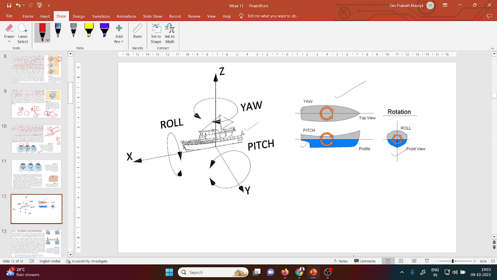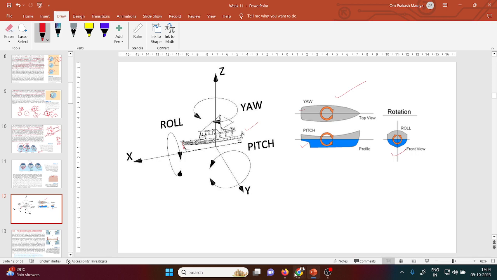If your body is rotating about the x direction, then it is the roll. If it is rotating about the y direction, it will be the pitch, and if it rotates about the z, then it will be the yaw.